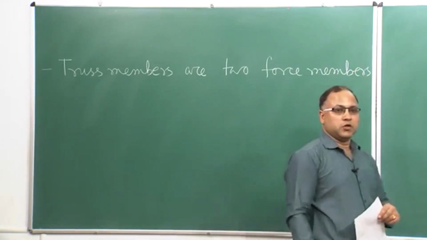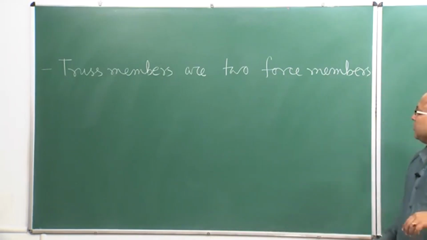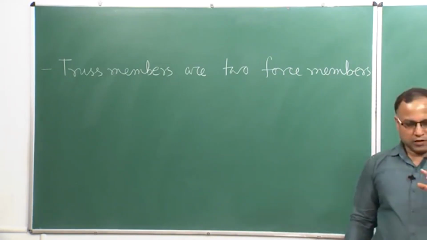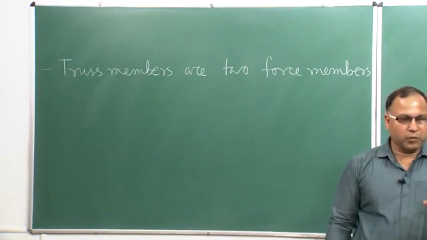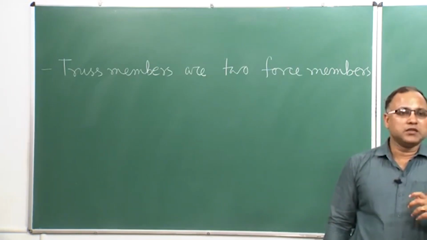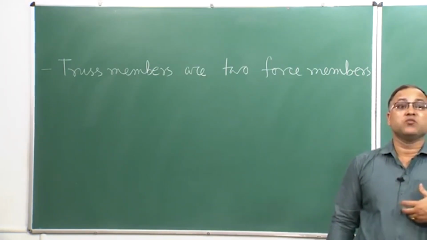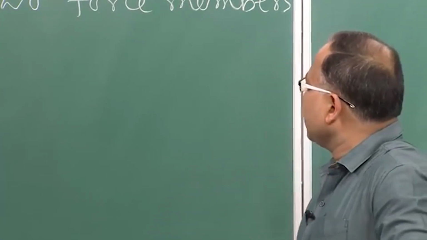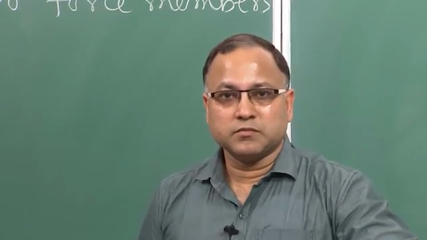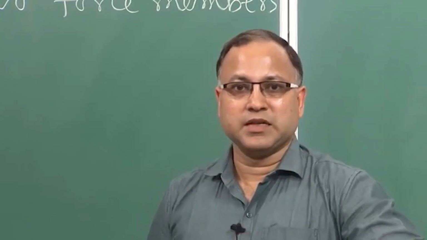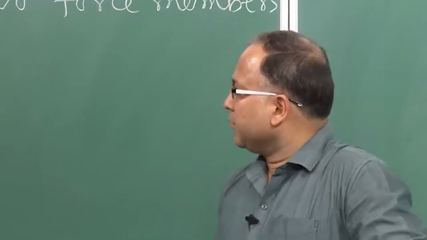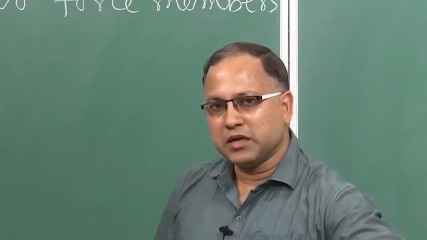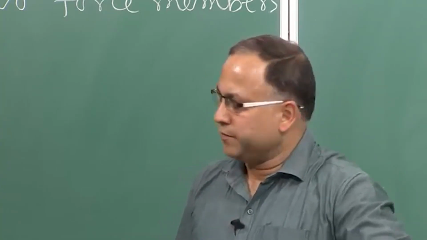Already you know from our previous discussion what a two force member and a three force member are. So, truss members are two force members. That is the basic thing we need to remember for any member involved in the truss system.